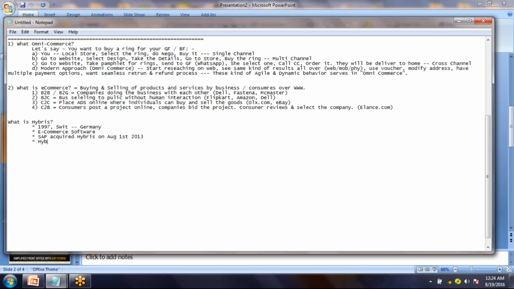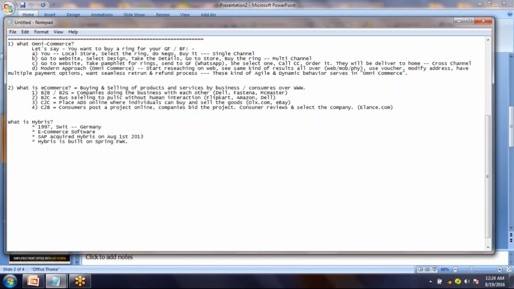Now, Hybris is built on the Spring framework. What is the Spring framework? We will see later. But right now you can understand there is a Java open source framework called Spring.